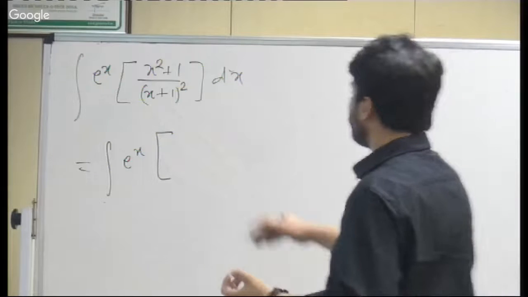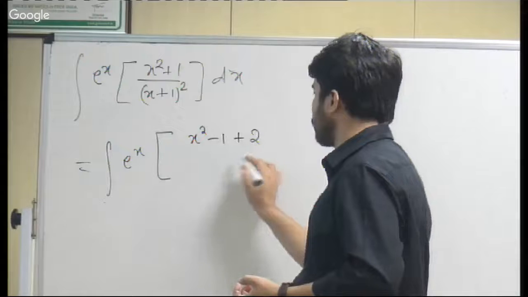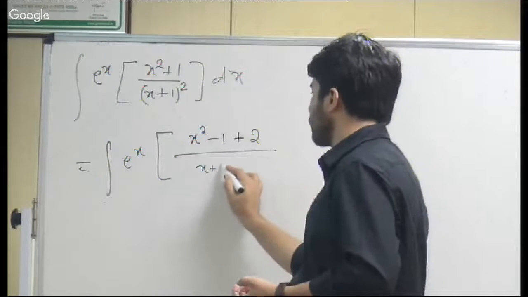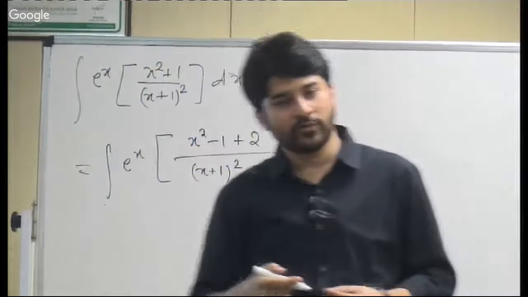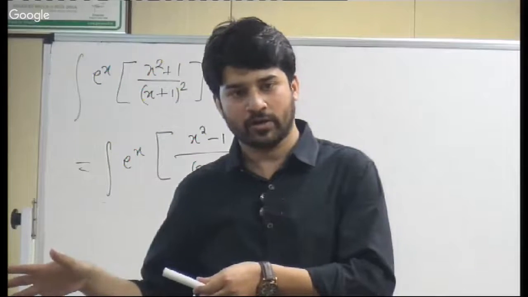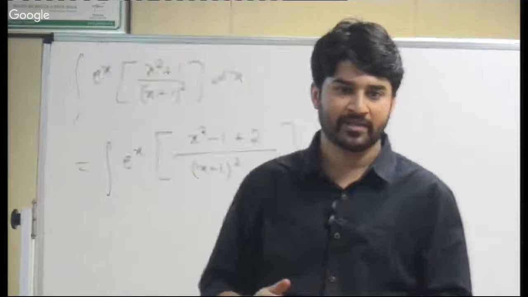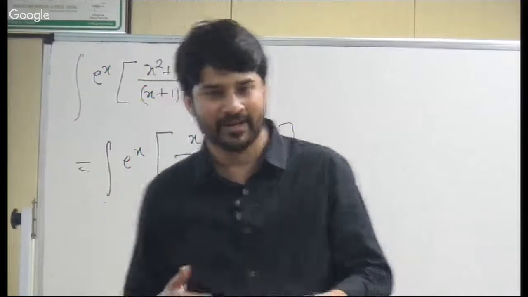So I'm going to put that as x square minus 1 plus 2 upon. See, if you get the idea of 2x, do it and see whether you are getting it or not. If you're not getting it, come back fast. Don't get into there and start differentiating and finding.